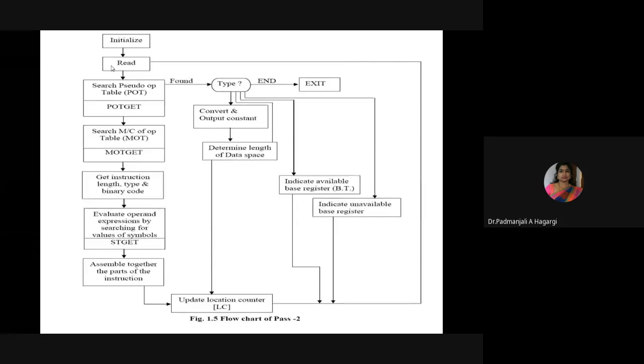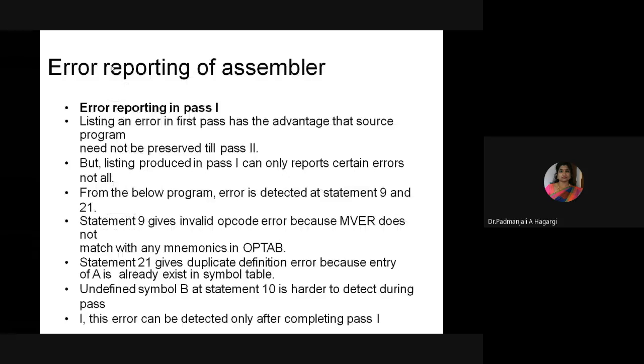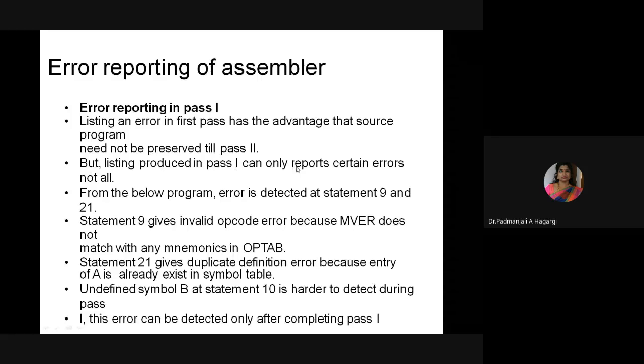Listing an error in the first pass has the advantage that the source program need not be preserved till pass two. But the listing produced in pass one can only report certain errors, not all. From the program below, the error is detected at statements 9 and 21.